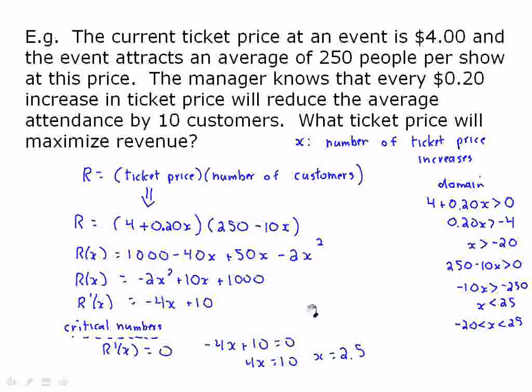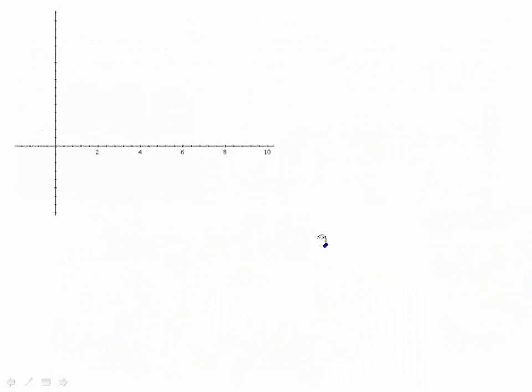And then we want to get the ticket price that's going to maximize the revenue. I'm going to bring up a new screen. The ticket price is equal to 4 plus 0.20x. So 4 plus 0.20 times that number, 2.5.